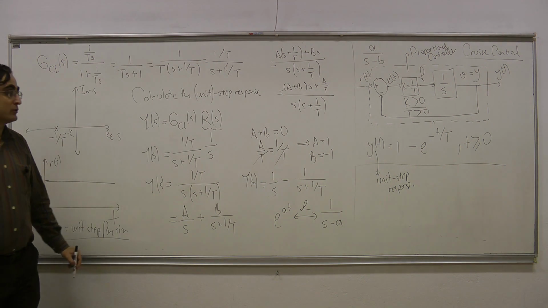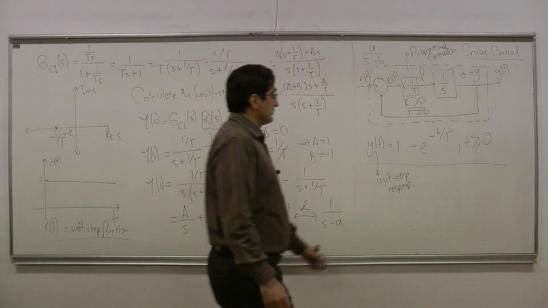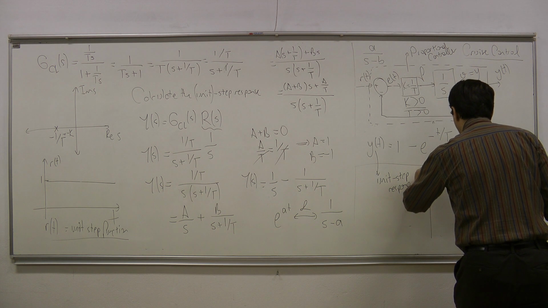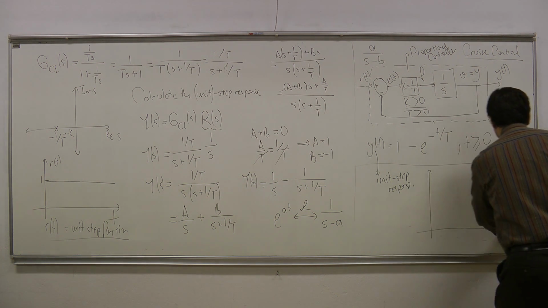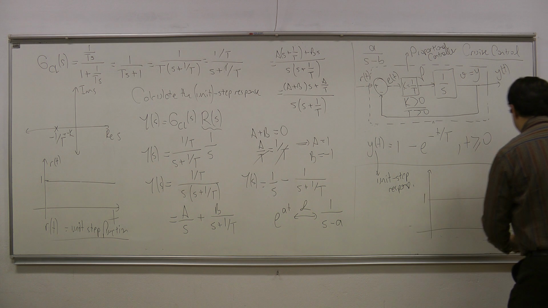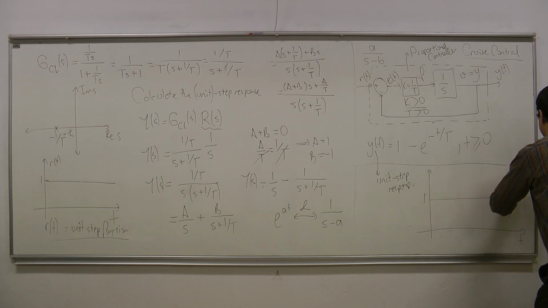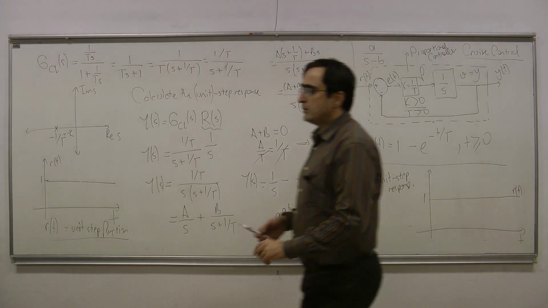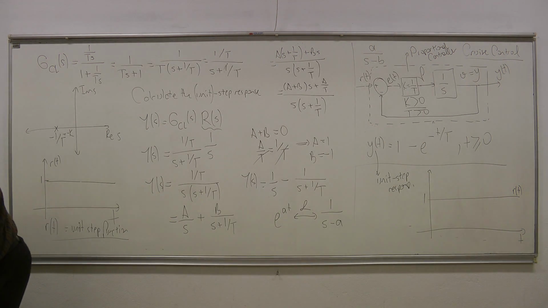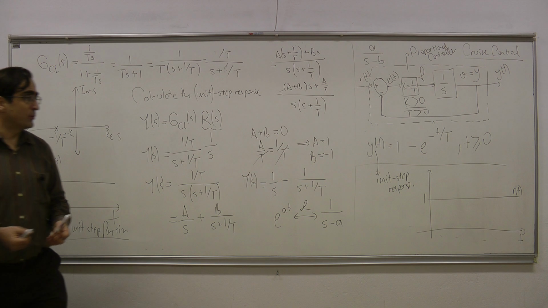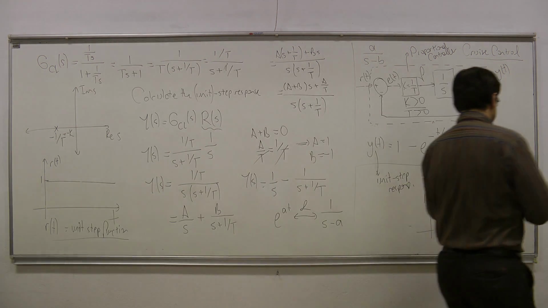Now let us try to observe such an output. So I have my input given like this. This is my unit step input, that is my reference signal, and I would like to draw here the unit step response on that figure.